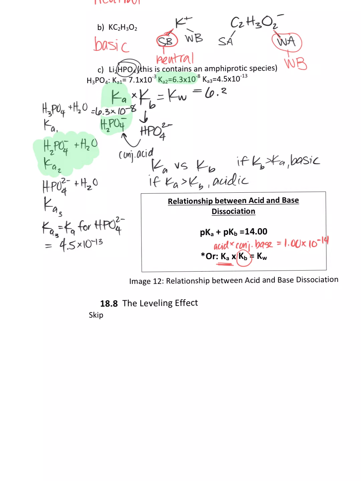Ka, which is 6.3 times 10 to the negative 8, times Kb, which I don't know, is equal to 1.00 times 10 to the negative 14. So 1.00 times 10 to the negative 14 divided by 6.3 times 10 to the negative 8 is going to be my Kb.